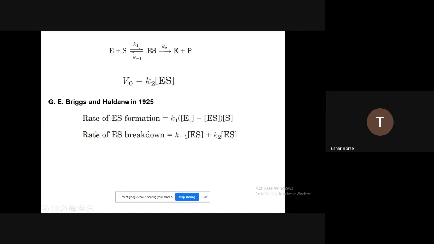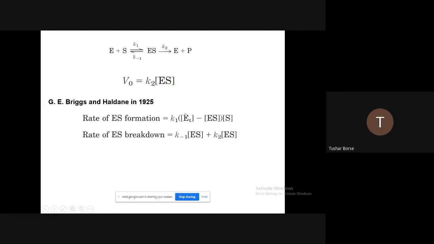Both these equations can be put this way: the rate of ES formation will be dependent upon K1, because the rate constant is K1, and it will depend upon the concentration of the enzyme and the concentration of the substrate.